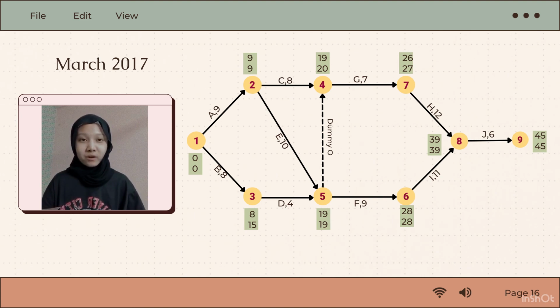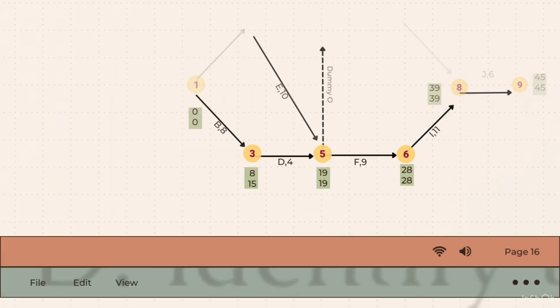And the last one, we also have 2 tails, which come from number 2 and 3. So 9 minus 9 equal to 0, and 15 minus 8 equal to 7. So for the last node, LET is 0, which is the lowest number.